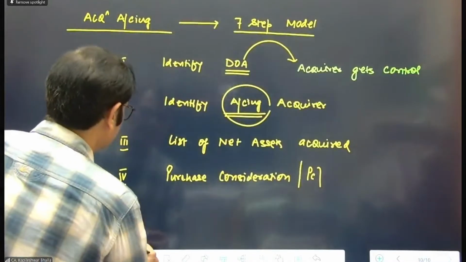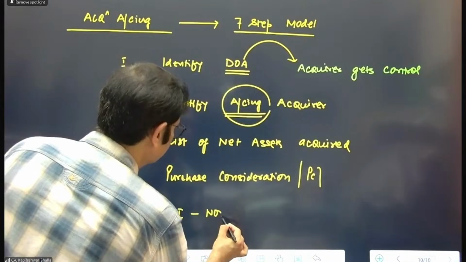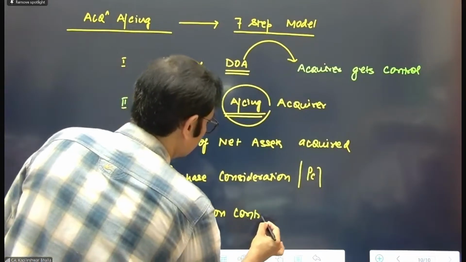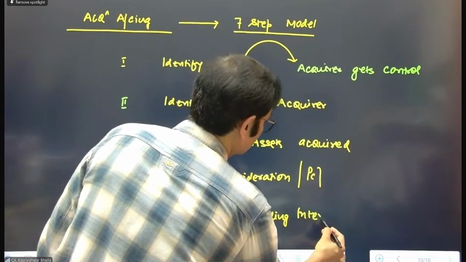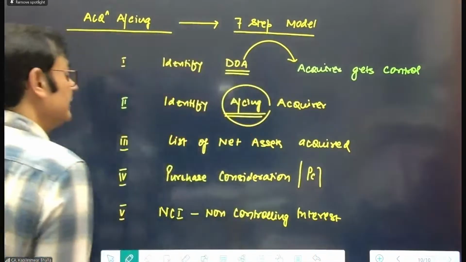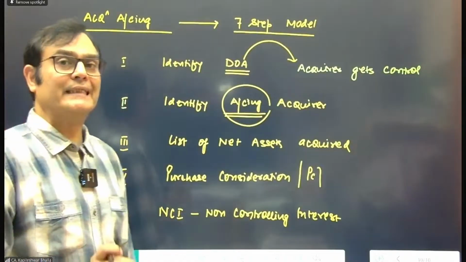Then step number 5 is to calculate the NCI, that is non-controlling interest. You can get maybe a small question within the MCQs as well, if not independently, where you are required to calculate the NCI.